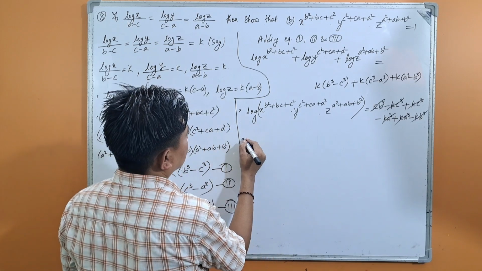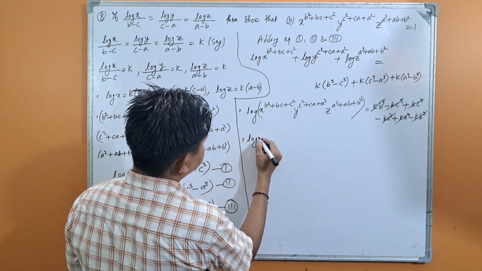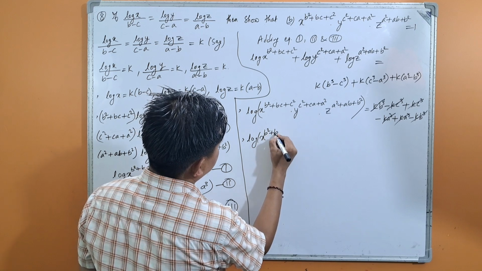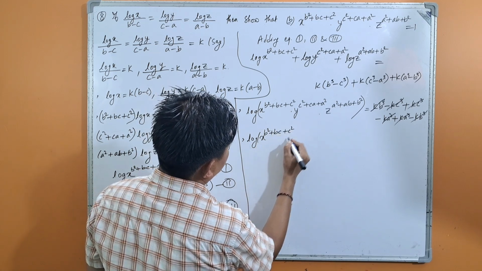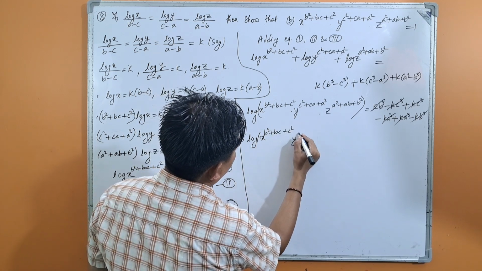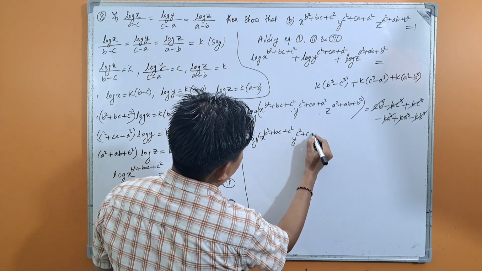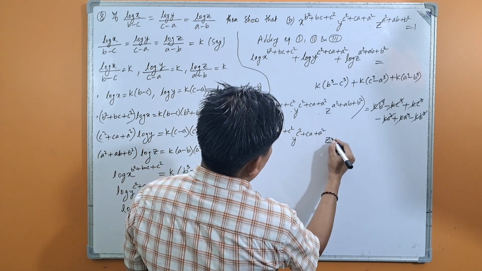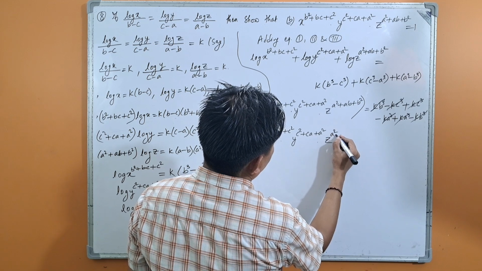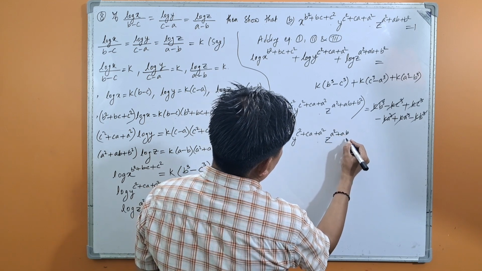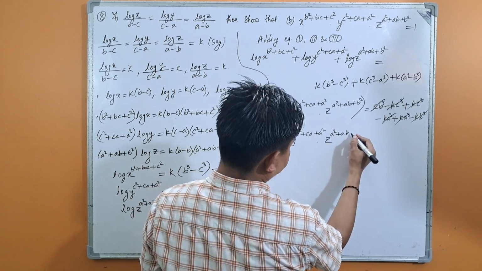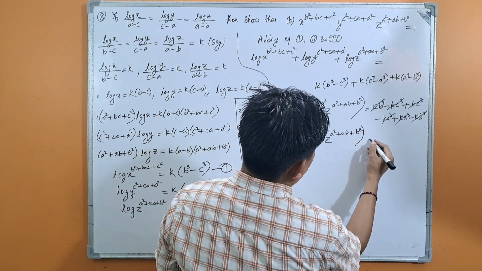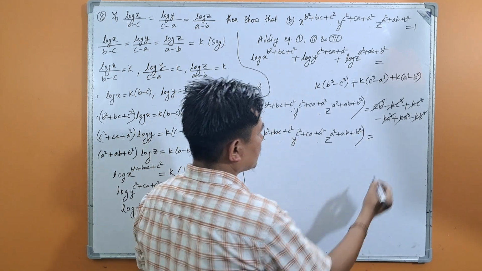Okay, log x to the power b square plus bc plus c square times y to the power c square plus ca plus a square times z to the power a square plus ab plus b square equal to 0.